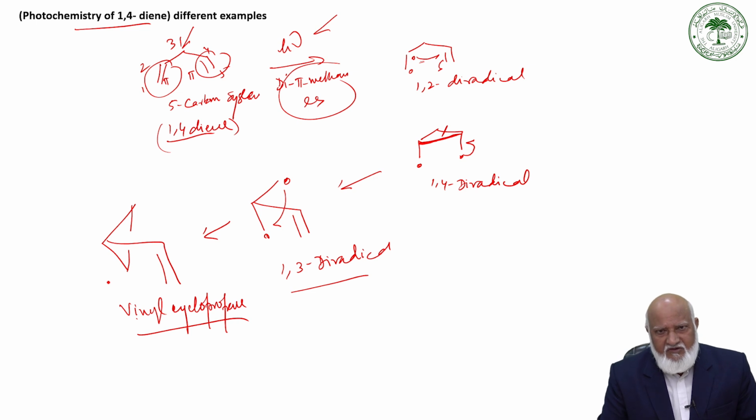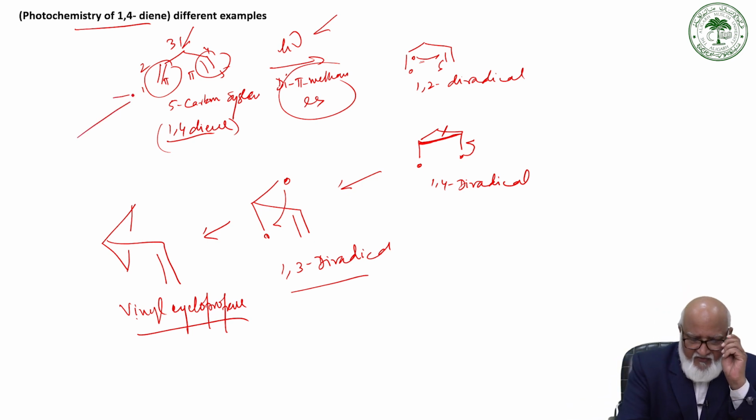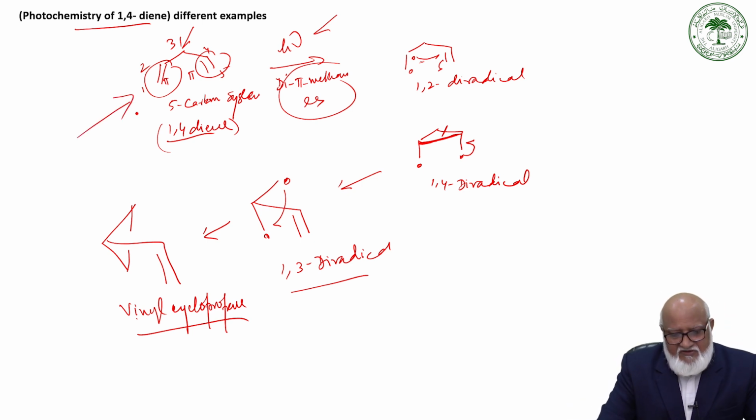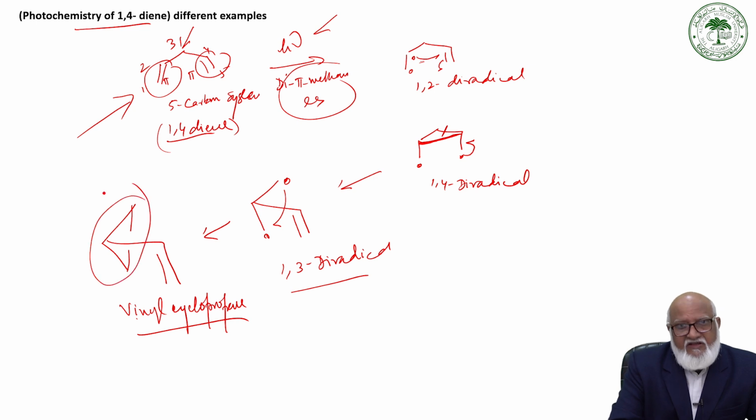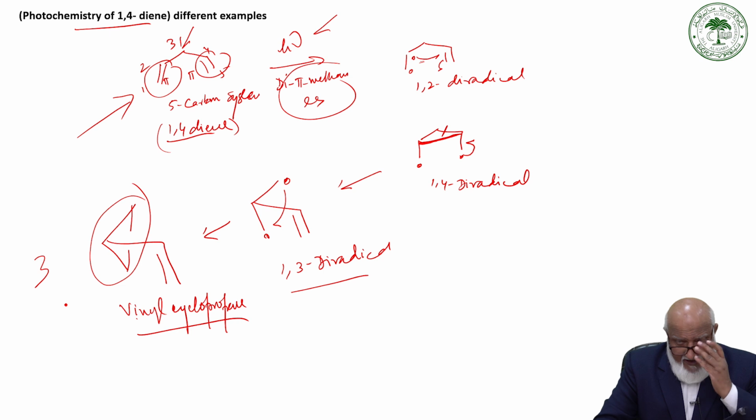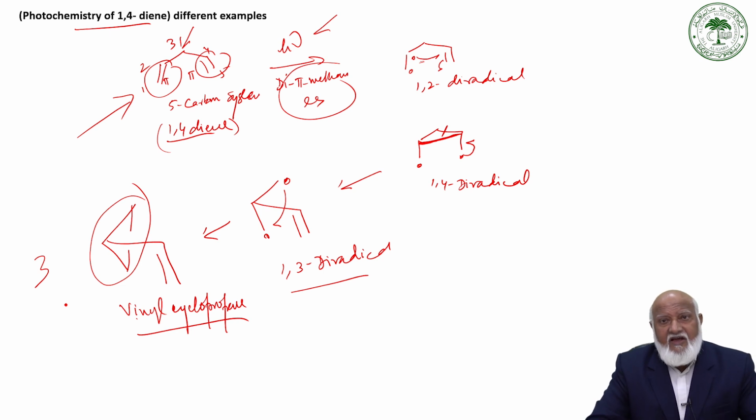This reaction has attracted a lot of attention because from an open chain 5 carbon system we are now constructing a cyclopropane ring, a 3-membered ring, which is highly strained, and that is a very challenging task.